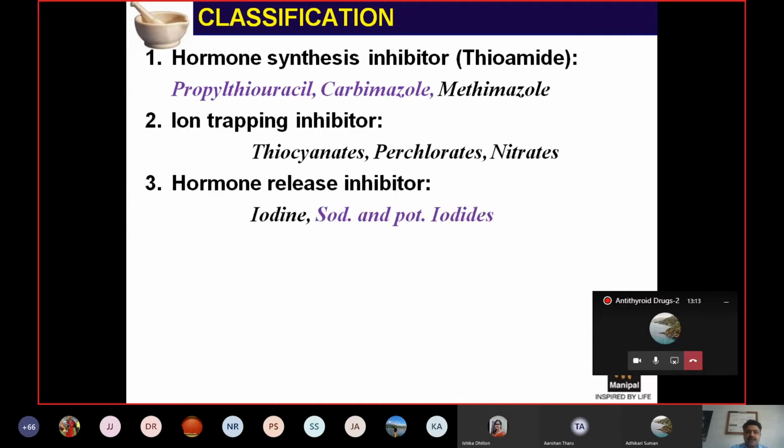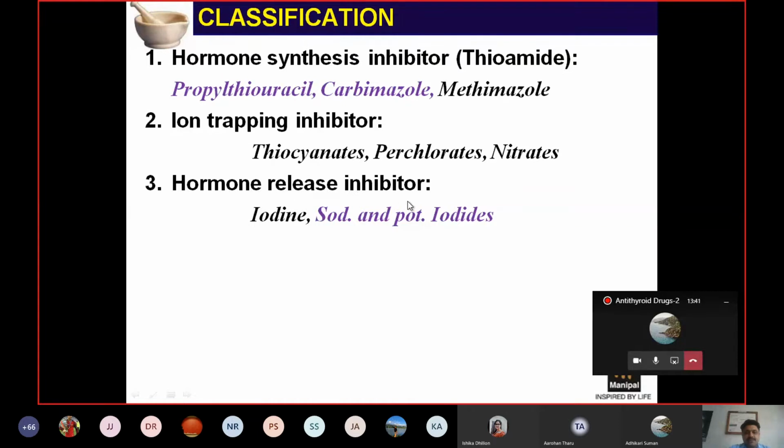Okay, and we classified and we said these three: propylthiouracil, carbimazole, and methimazole. These are very commonly used drugs, and they inhibit the hormonal synthesis, so that is why they are typical antithyroid drugs. Similarly, we have ionic trapping inhibitors, but these are not used because of their side effects.